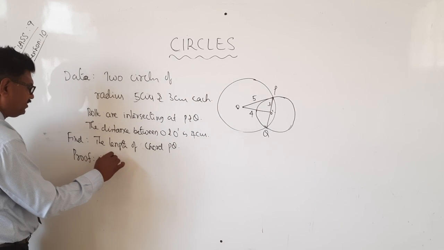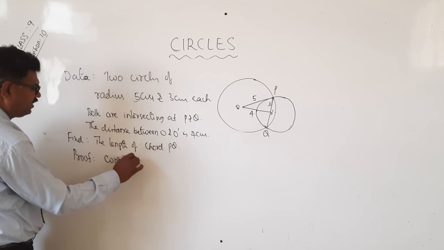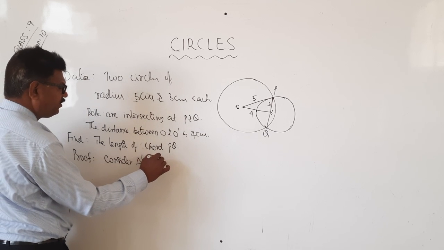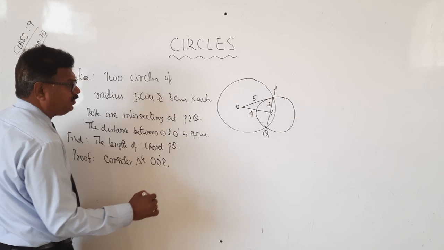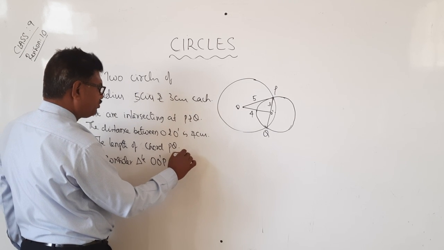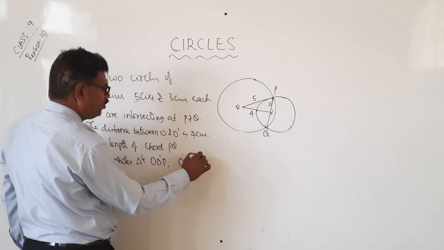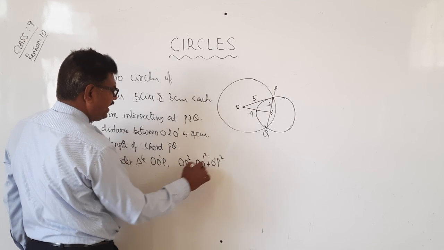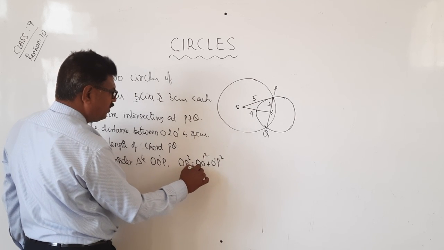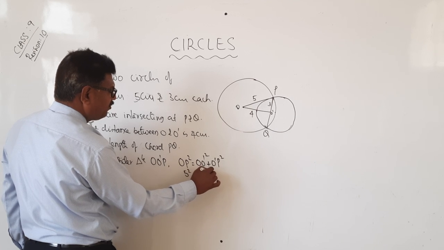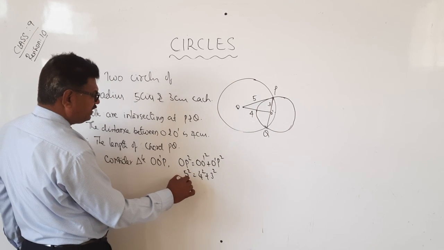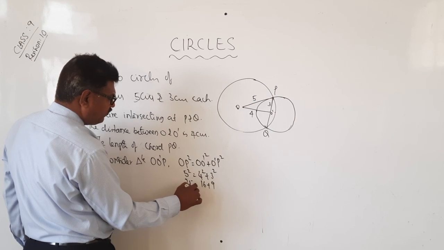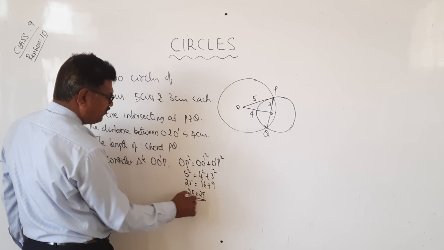Consider the triangle O dash P. So OP square is equal to OO dash square plus O dash P square. So it is 5 square equal to 4 square plus 3 square. So it is nothing but 25 equal to 16 plus 9. Therefore 25 equal to 25.